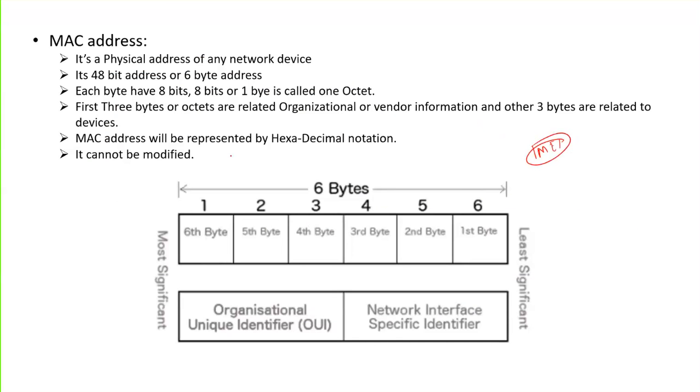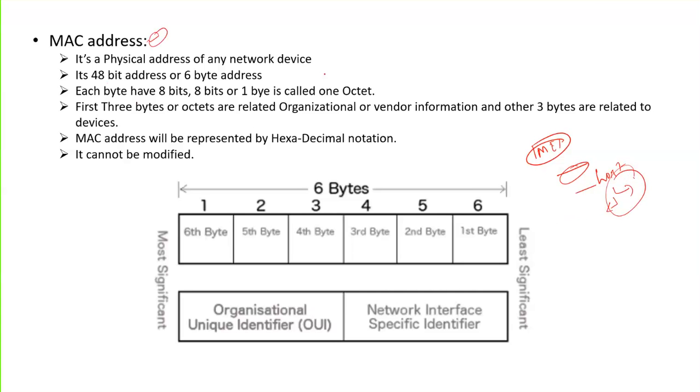The same goes for your computer. Not only a computer, take any device which is a host, capable of receiving and sending information. Any device which is a host should have some physical address, and that is called a MAC address.